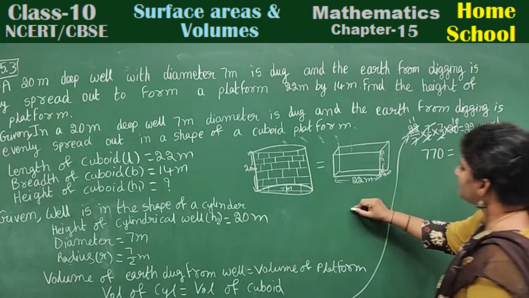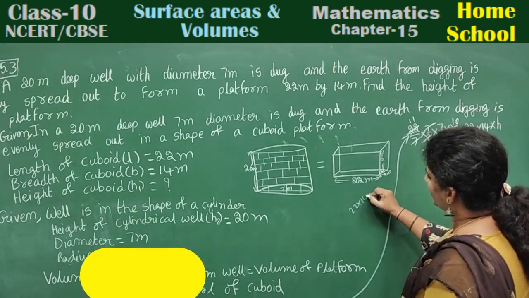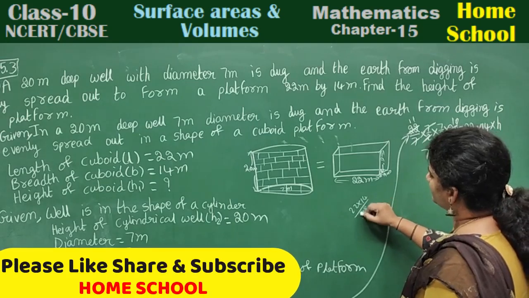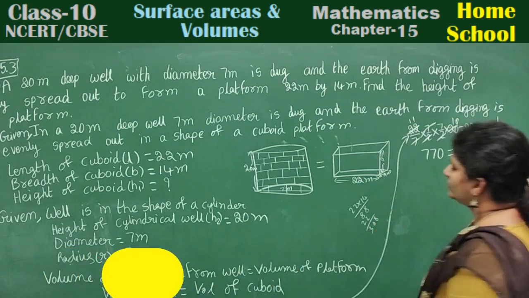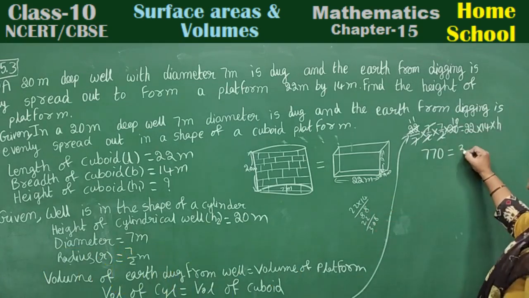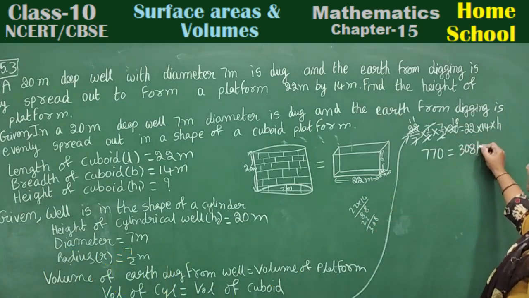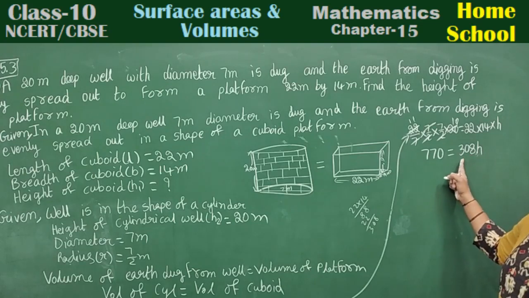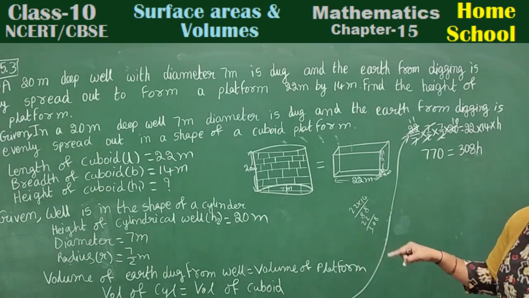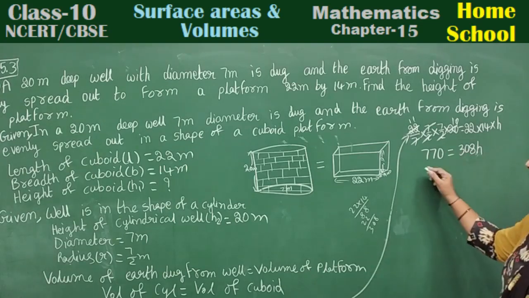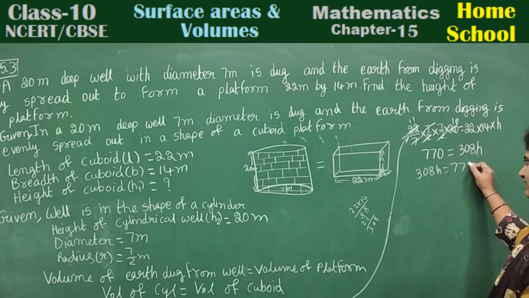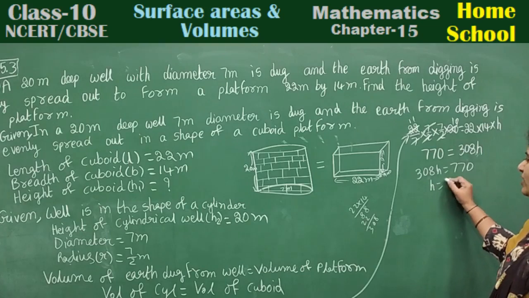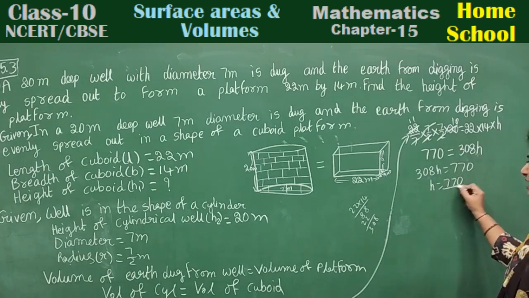It will be 22 into 14, that will be 308. 308 is multiplied, send this side. It will be divided. At a time you can interchange. 308H is equal to 770. H is equal to 770 by 308.